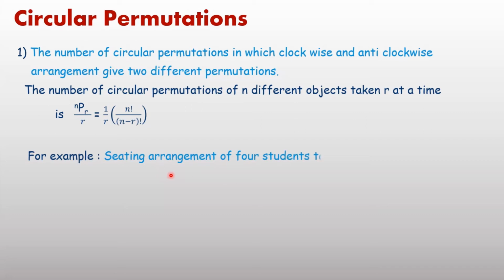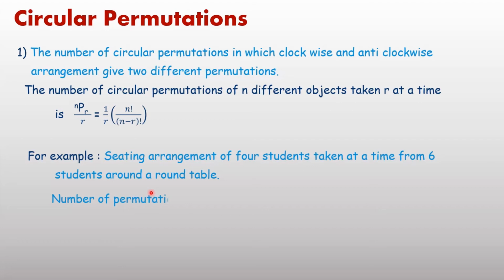For example, the seating arrangement of 4 students out of 6. There are 6 students. We have to find the seating arrangement of 4 students around a table. Using the formula, the total number of students is 6. So 6P4 upon 4 equals 1 upon 4 into factorial 6 upon factorial 6 minus 4. And after solving, you get 90.